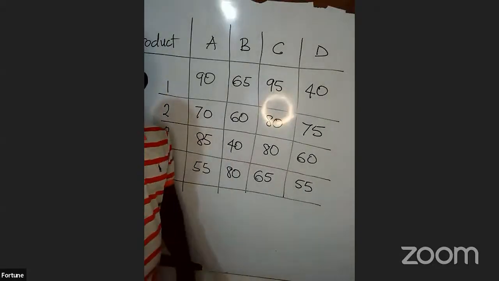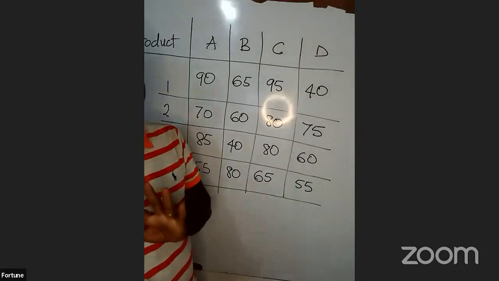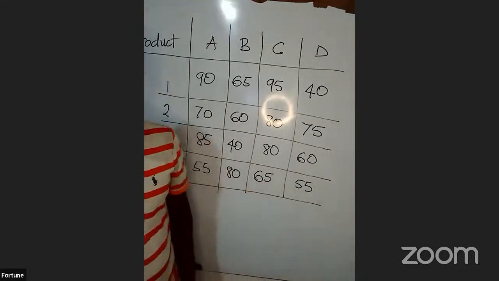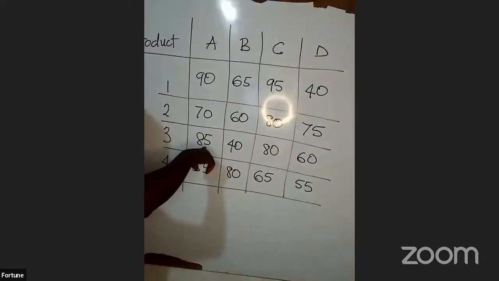Now to convert a maximization problem to a minimization problem, you look out for the highest of the elements given.